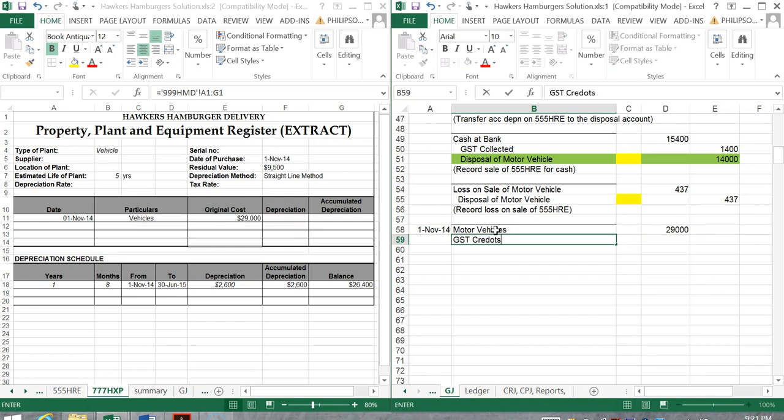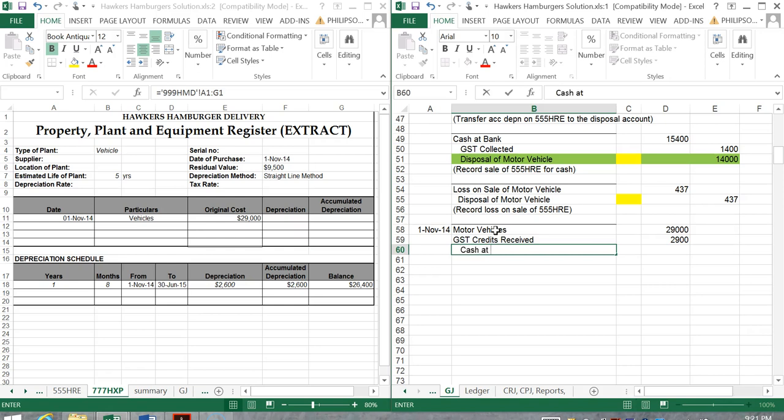GST credits received. So it's plus GST, 29,000 times 0.1, and we paid for this, purchased for cash.